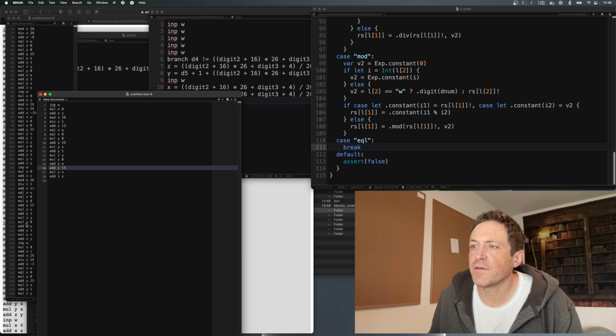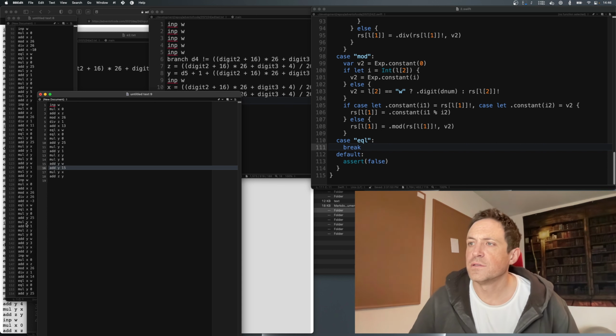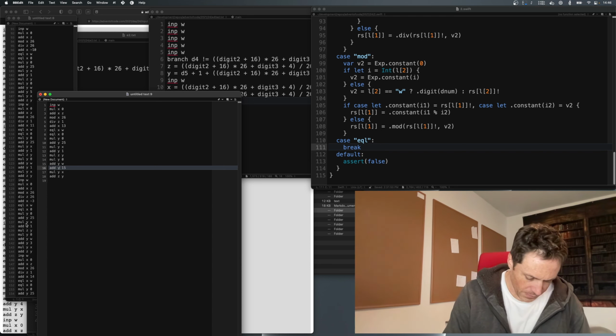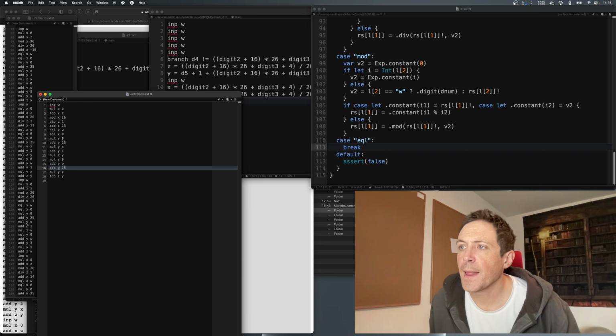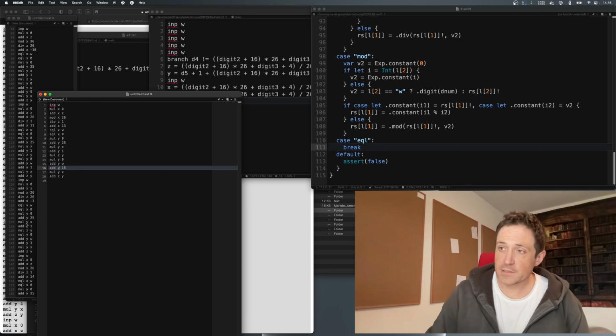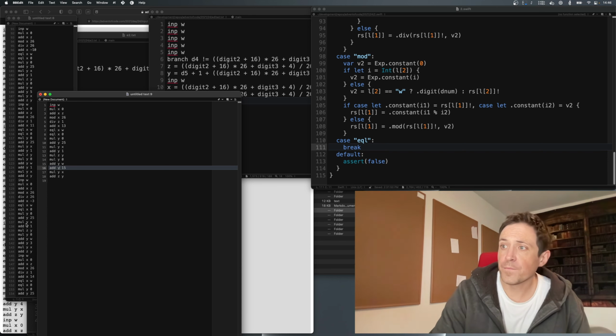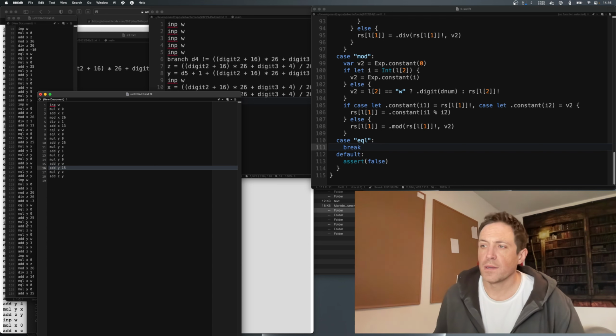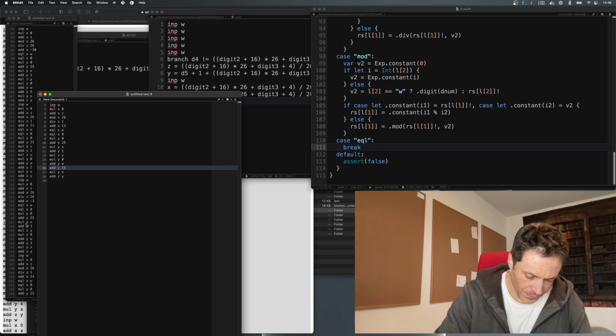Let's do the 7th iteration. Oh, now we're back to dividing by 1 for z. X gets 11. Those are all the same, and y is 1.